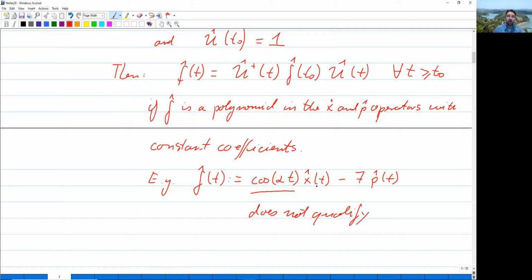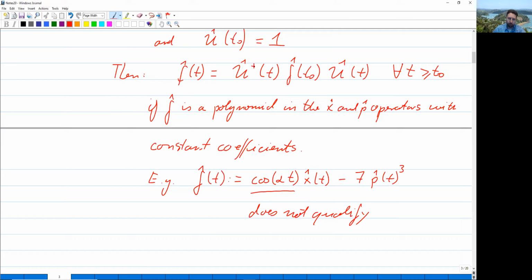You see, it's a polynomial in x and p, all right? If you like, let's put a third power here just to indicate that this really is a polynomial, but this coefficient is time dependent. And that's a time dependence that has nothing to do with the Hamiltonian. It's just that we chose an observable which has a human-made time dependence in it.